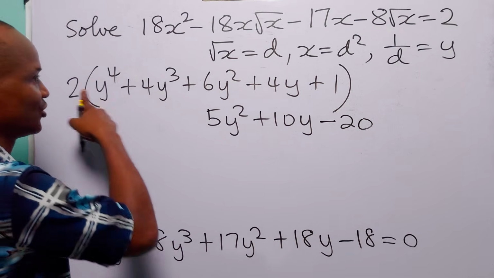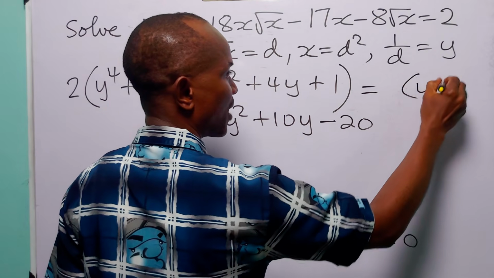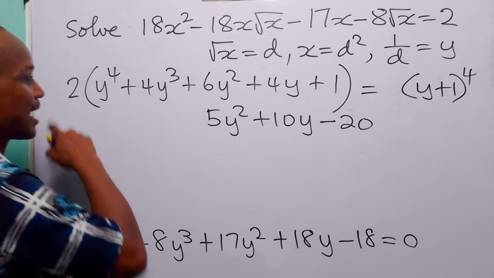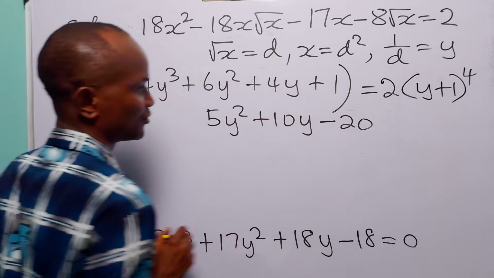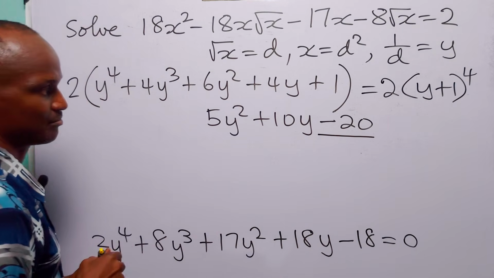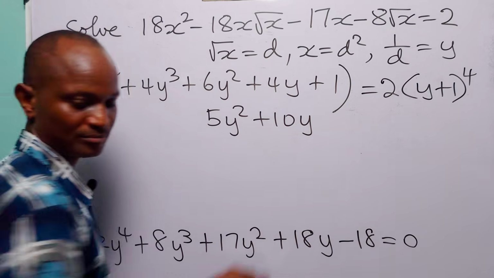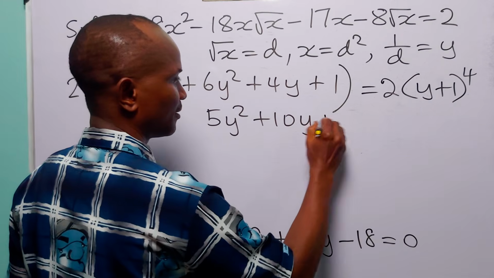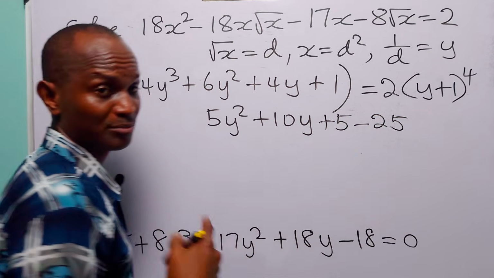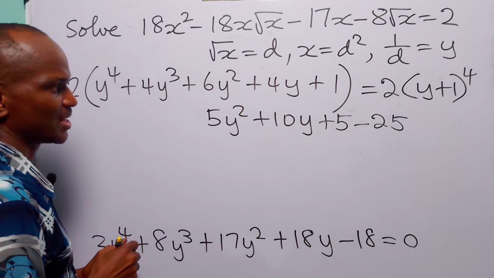Now, of course, you know that this expansion is the expansion for y plus 1 to the power 4. And we are multiplying it by 2. Now, instead of minus 20, we can write plus 5 minus 25, because of course you know that 5 minus 25 is equal to minus 20.